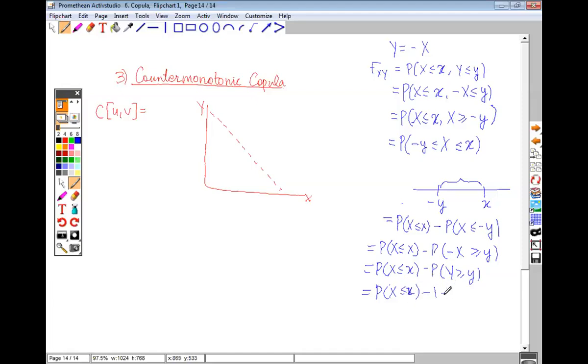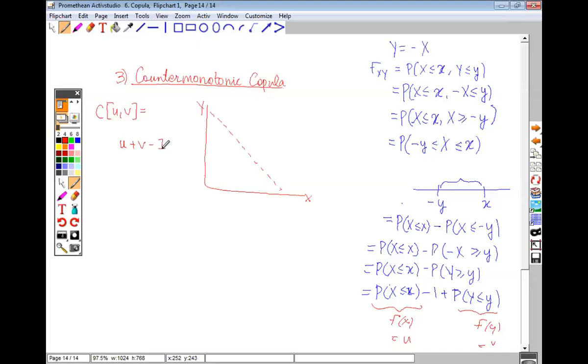So I replace this as 1 plus the probability that I observe y less than or equal to y. So if you were to write it in terms of Copula, let's say Fx, Fy, which is just v, and this is just going to be u, right? So what you get here is u plus v minus 1.